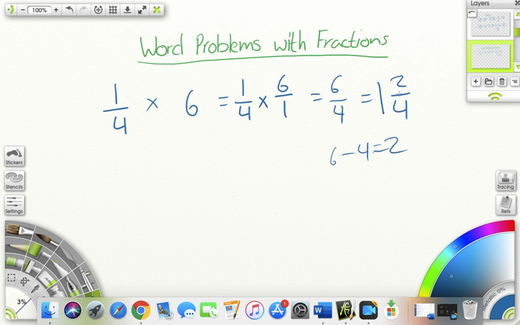Can I make this fraction smaller? Yes, because I can divide both of these numbers by 2. So that gives me 1 and 1/2. So she will need 1 hour plus 1/2 hour to interview all the applicants.